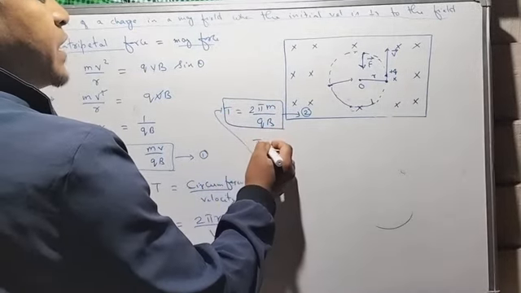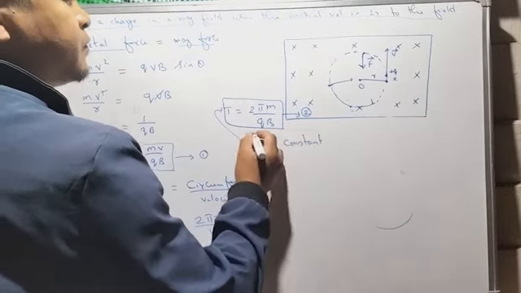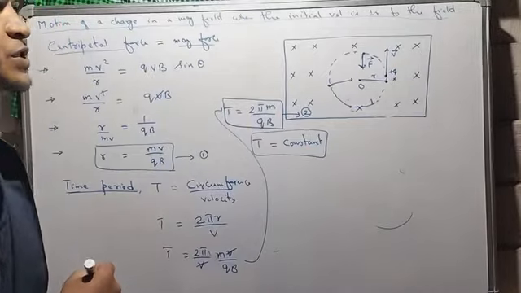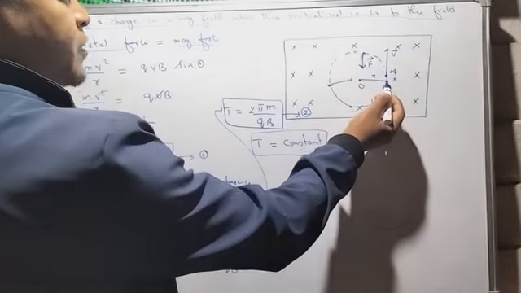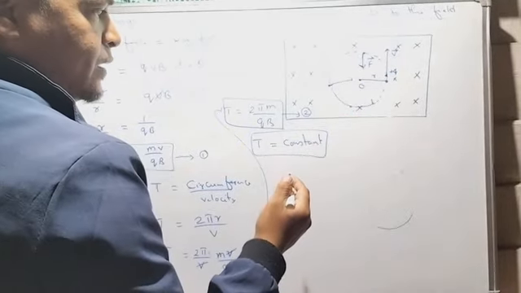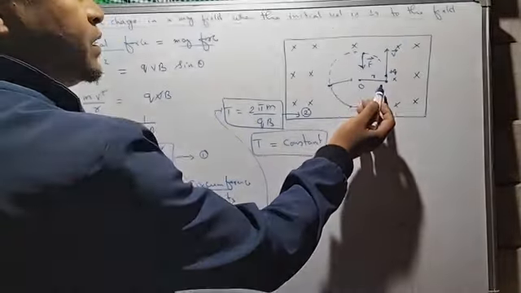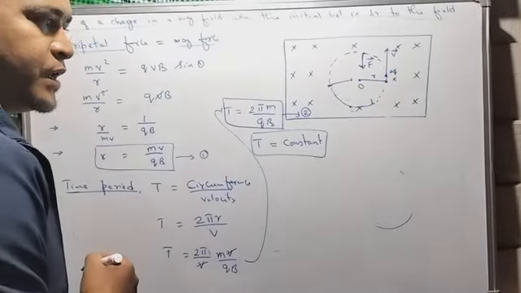Therefore this time period is constant. It means that whether the circle is small or big, the charge will always take the same time to complete the circle.